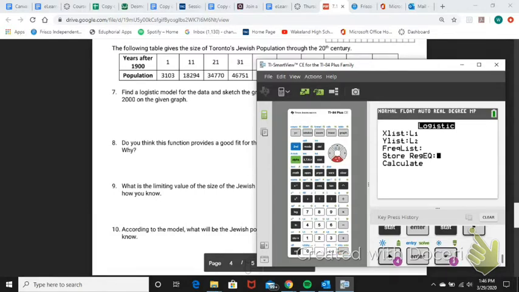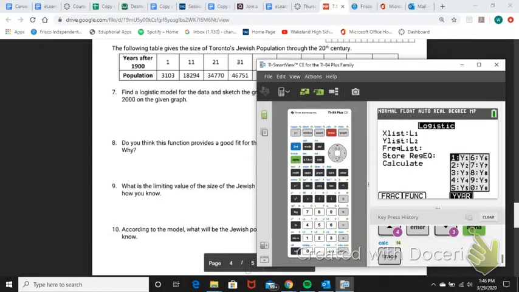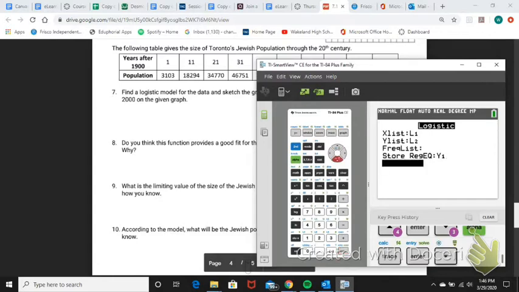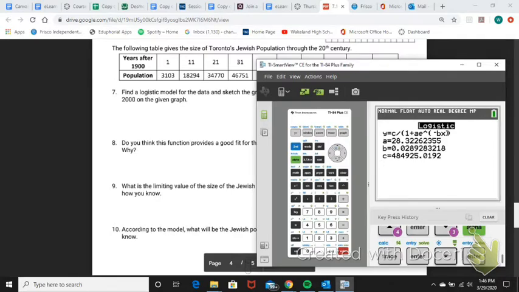We need to store this into Y1. So if you remember, that's going to be alpha, trace, Y1, and then we're going to come down to Calculate. So it's going to take it a second for everything to calculate, and there we go. So from here, it's just plugging in your A, B, C to get your function. So I'll do that in a second.